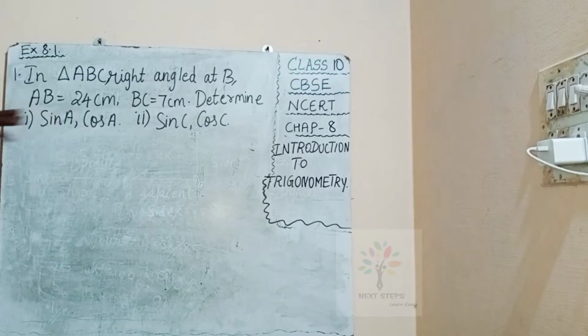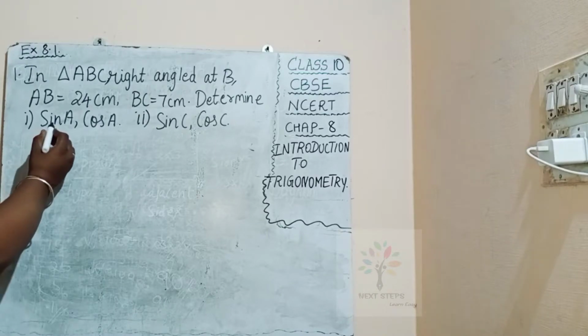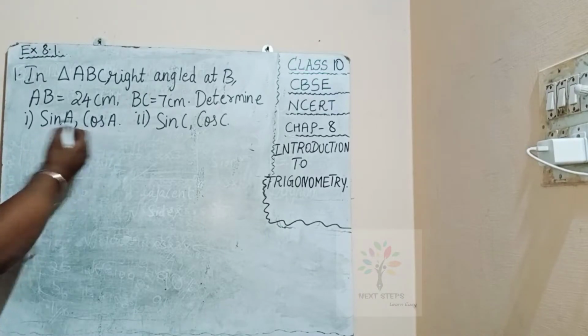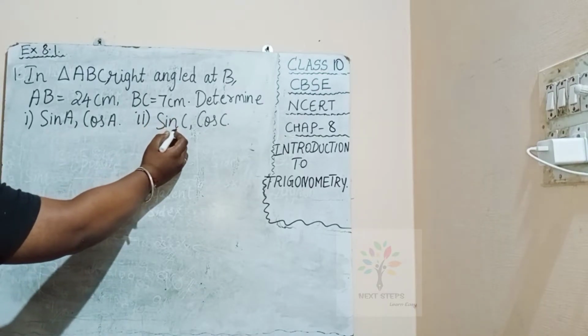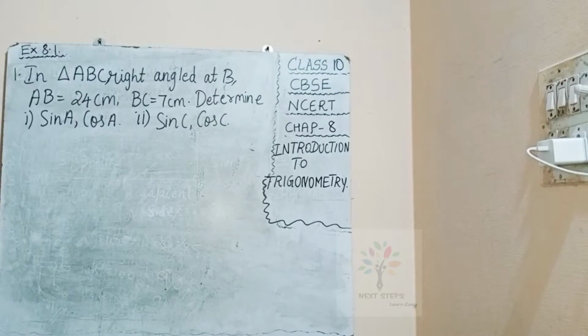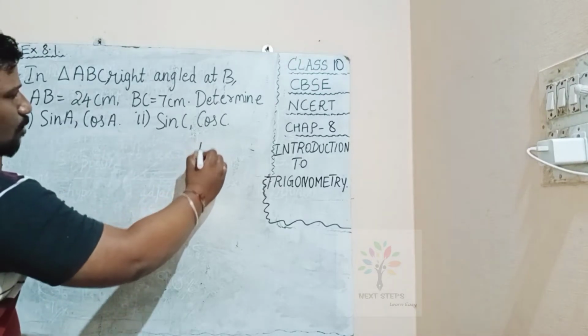So before solving the problem, first we should be aware of the formula that we are going to use. Here we have to find sin A and cos A. In the second subdivision we have to find sin C and cos C. Before that, we will draw one diagram.